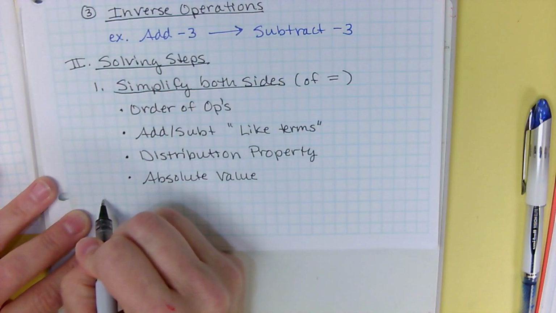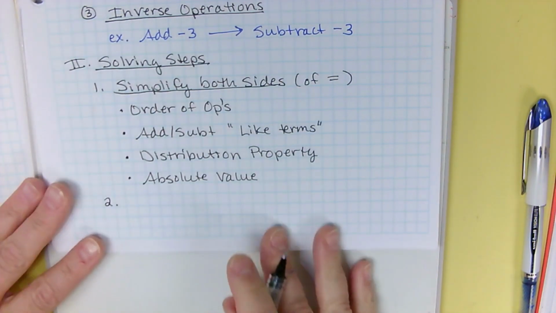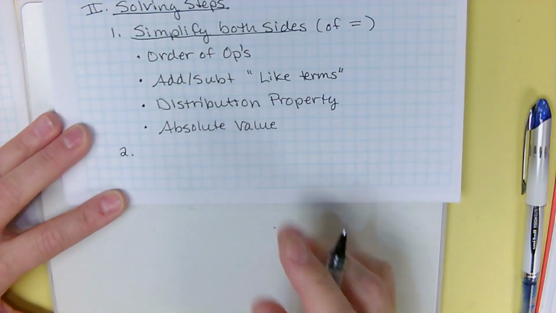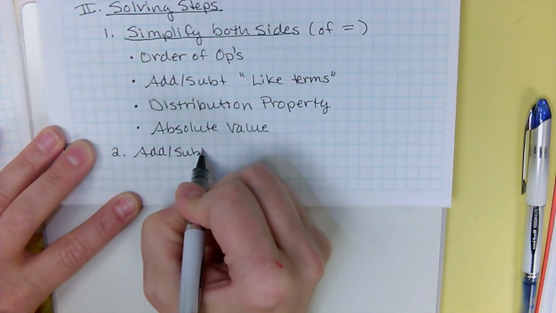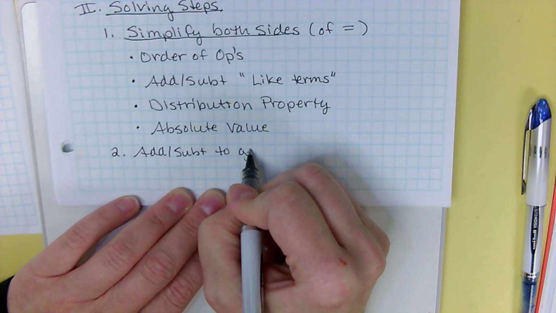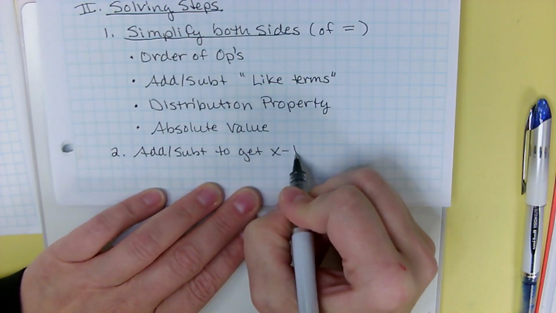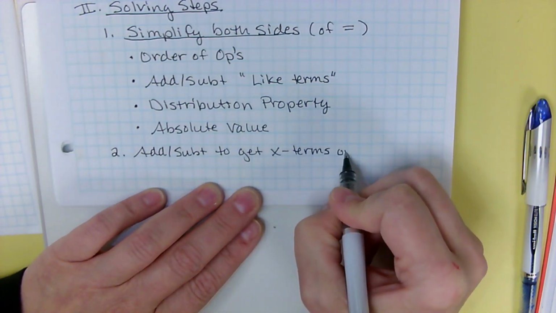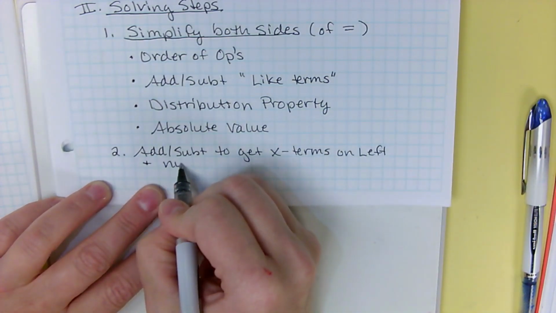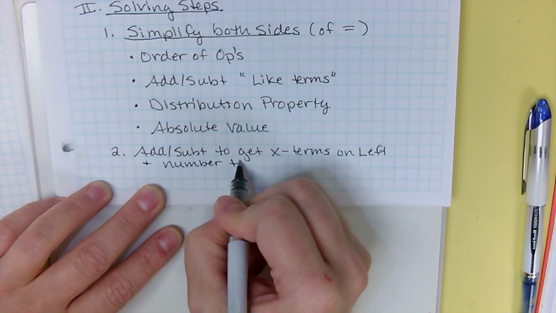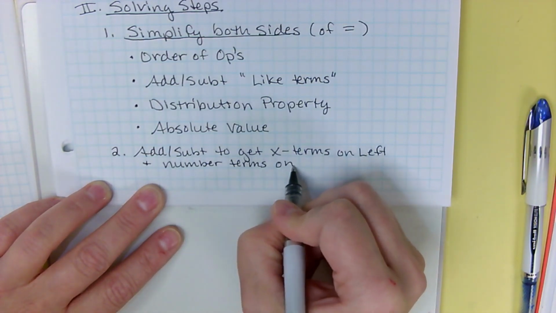Okay, now step 2. Step 2, you're going to add or subtract to get x terms on the left and number terms on the right.